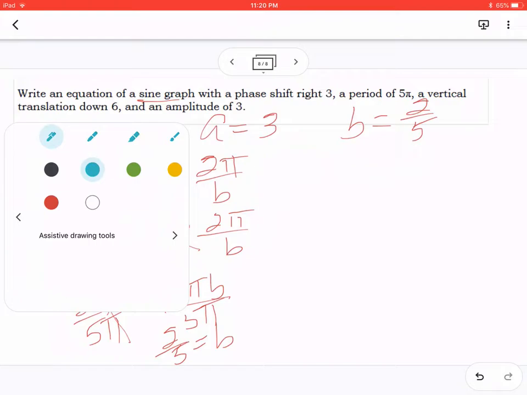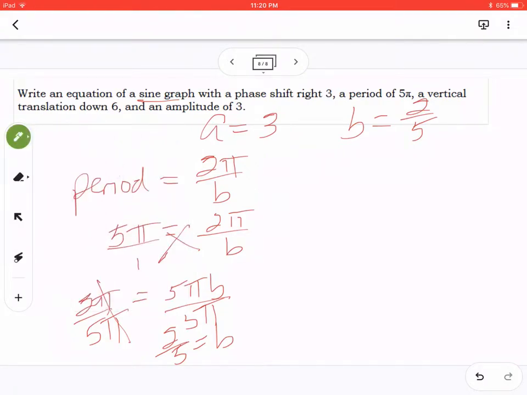We also have our translations. The vertical translation is going to come last, and the phase shift is going to go in parentheses, because that's the horizontal change. The phase shift is 3 units to the right. So we're definitely going to have y equals the amplitude in front of the sine function.